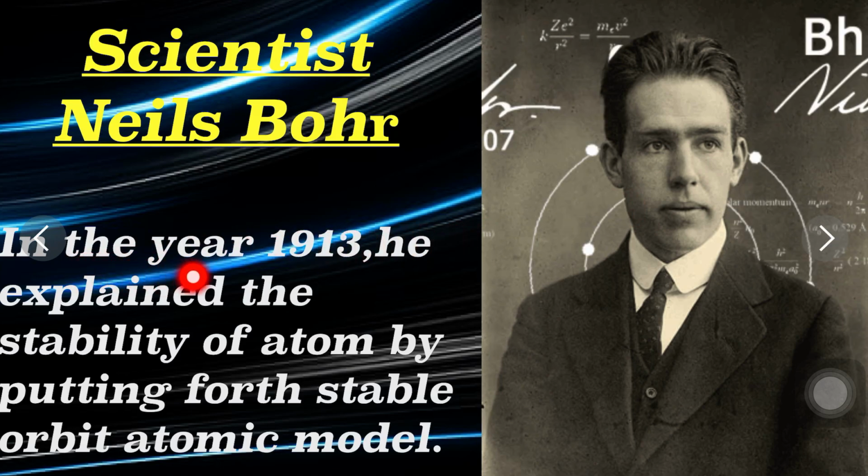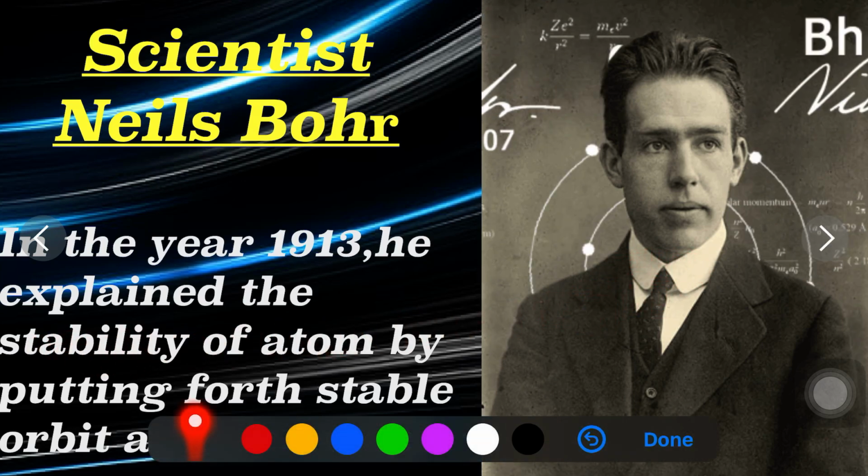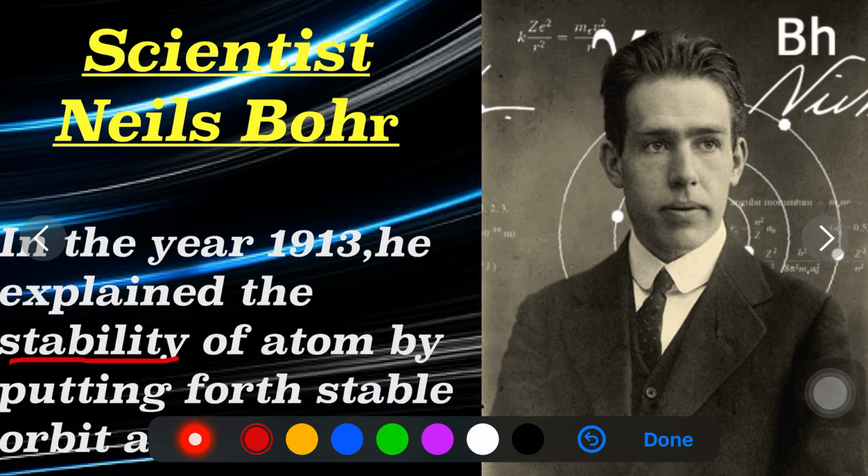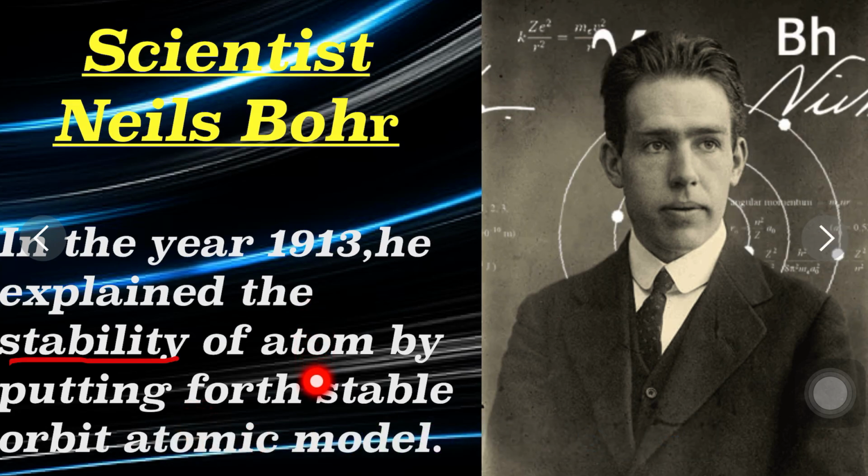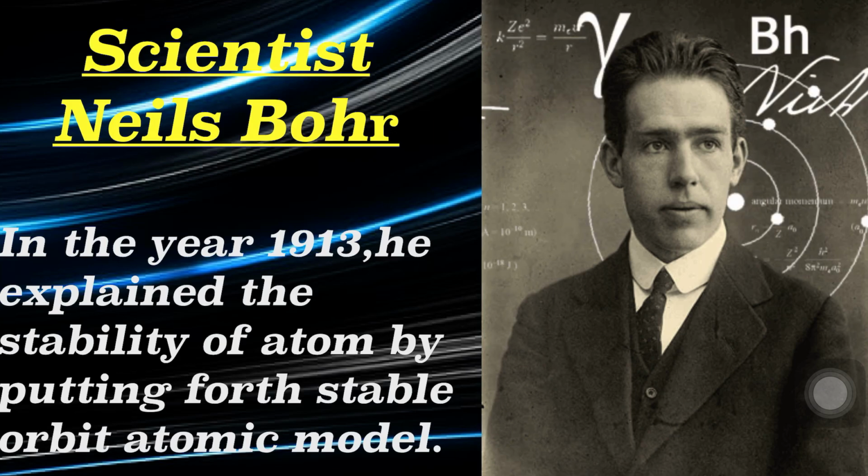Students, in the year 1913, Danish scientist Niels Bohr explained the stability of an atom, stability means firmly fixed, not movable, by putting forth the stable orbit atomic model. The important postulates of Bohr's atomic model are as follows.